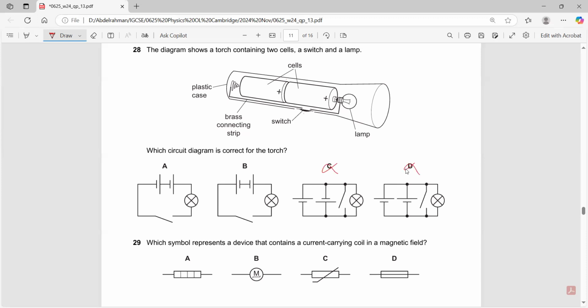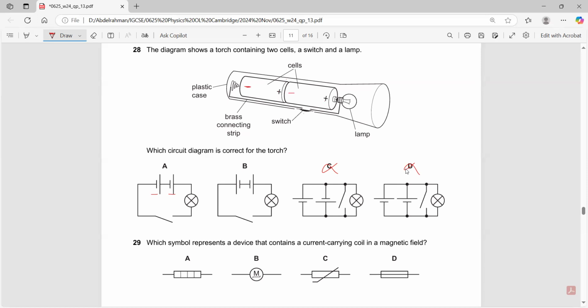Why? Because they are in parallel, and this torch seems to be in series. The whole circuit seems to be in series. A and B: which of these would be correct? Look at the cells in A and B. The cells in A are positioned correctly, because you have the positive on the right and the negative on the left.